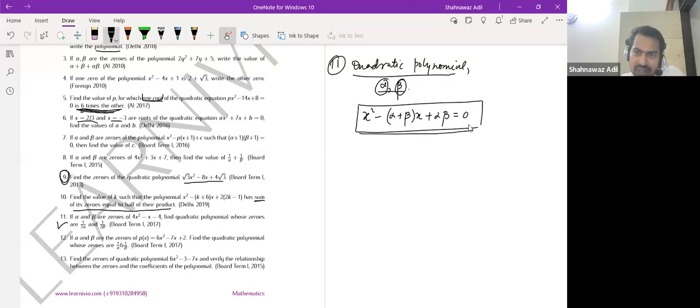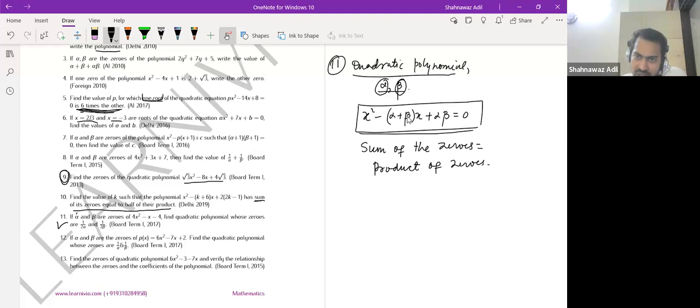So to write the quadratic equation or quadratic polynomial, what do we need? The sum of the zeros and product of the zeros. I am writing this because we already have alpha and beta. So we have two different alphas and betas, right?